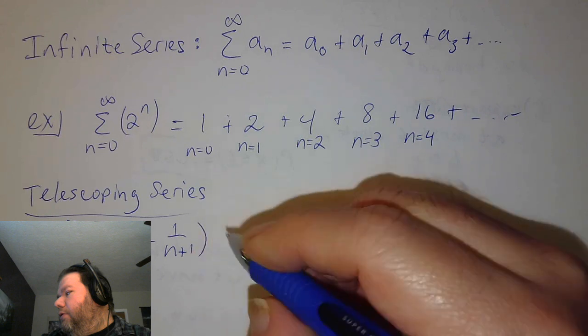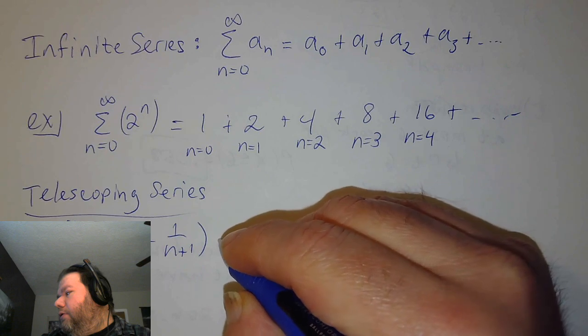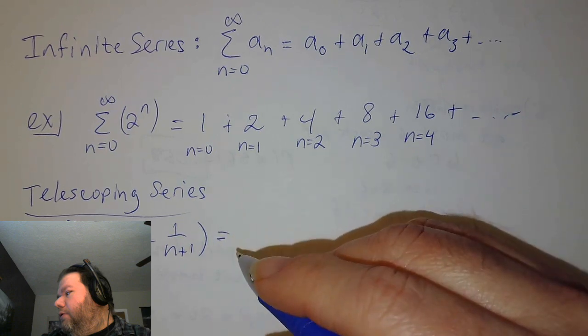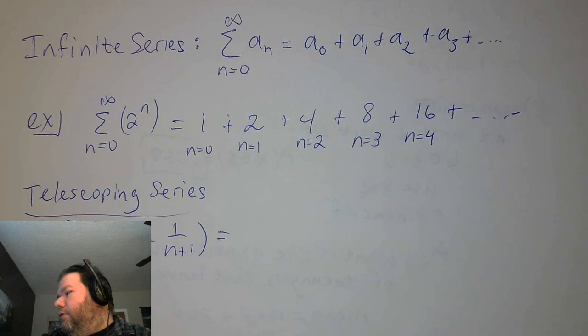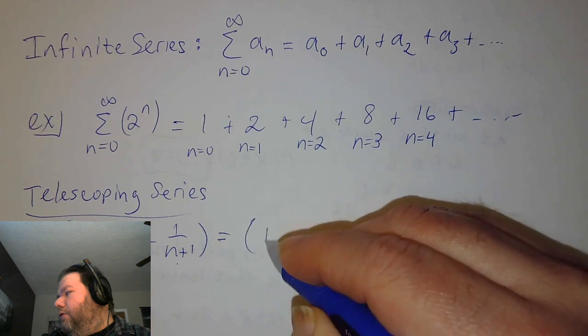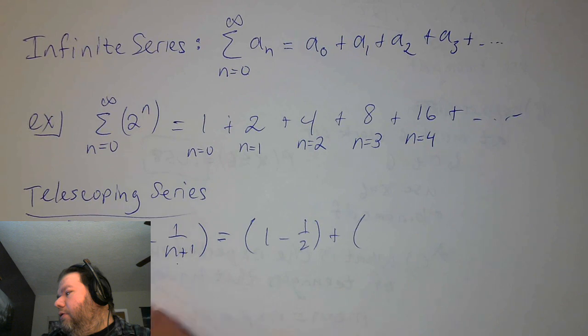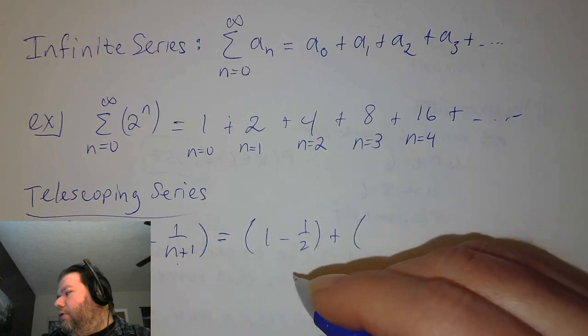So telescoping series, if we look at the first couple of terms here, n equals 1, you get 1 minus 1 over 2. N equals 2 would give us 1 over 2 minus 1 over 3.